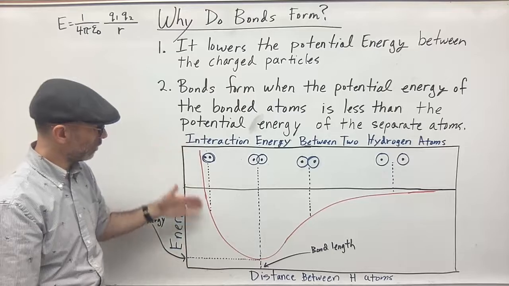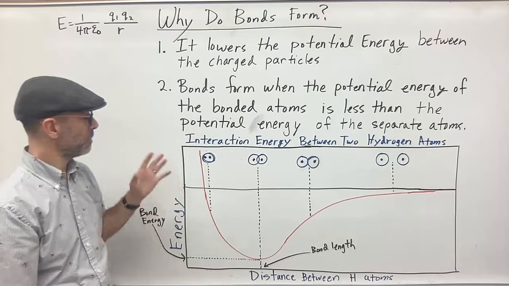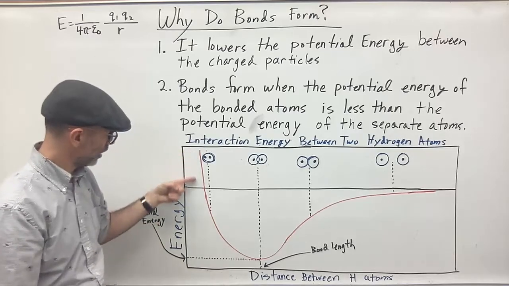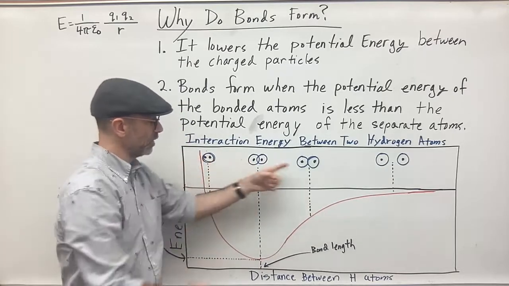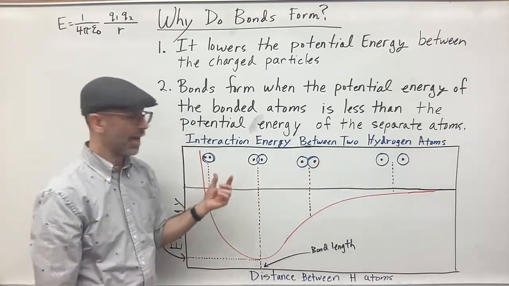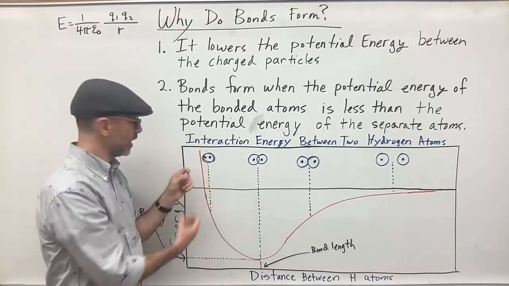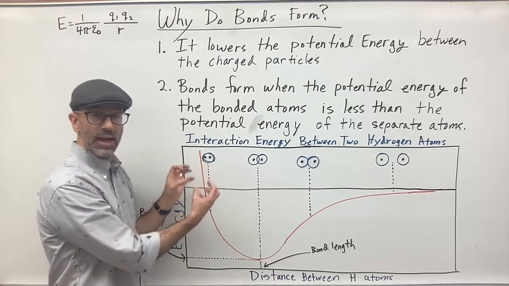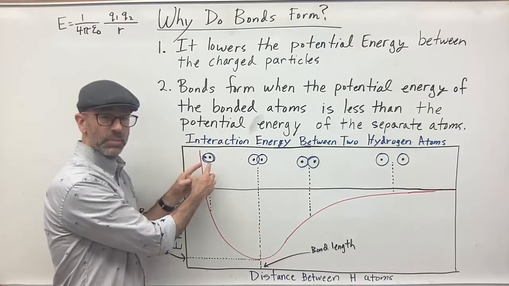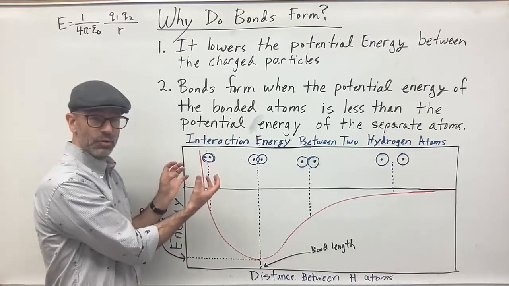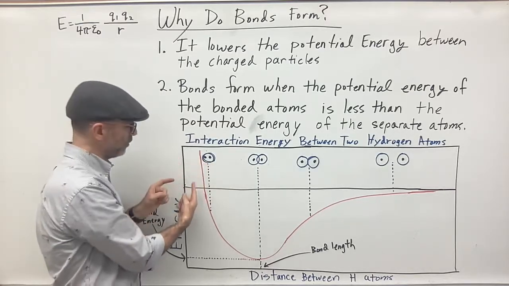And so we have a diagram here. This is the interaction diagram between two hydrogen atoms. You can see that the potential energy changes as you increase or decrease the distance between the atoms. Here the two atoms are so close together, the nuclei are so close together, that you've got the repulsion of the positive nuclei, and that's raising the potential energy.